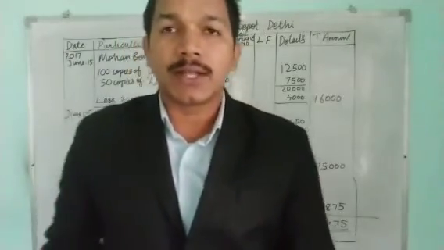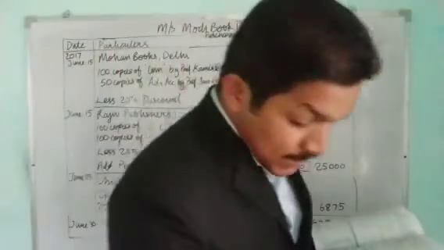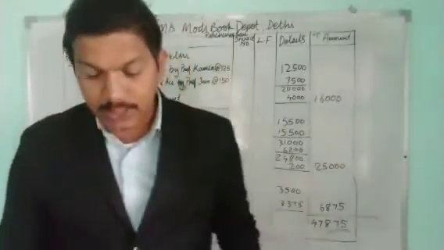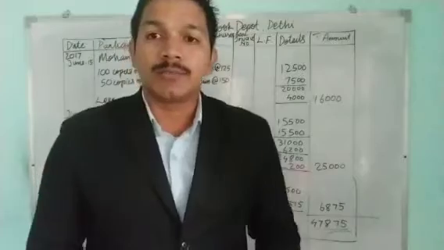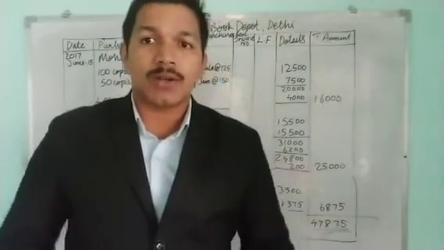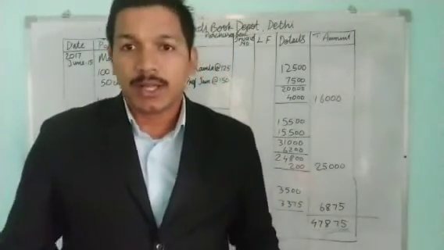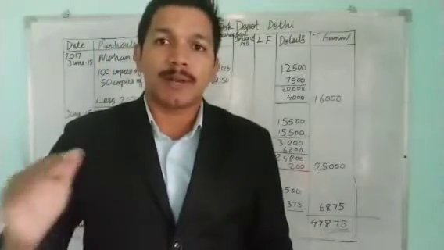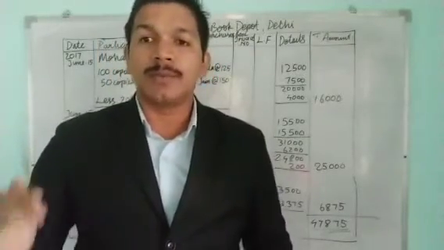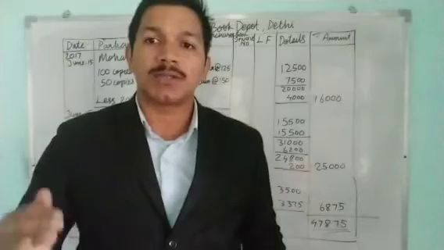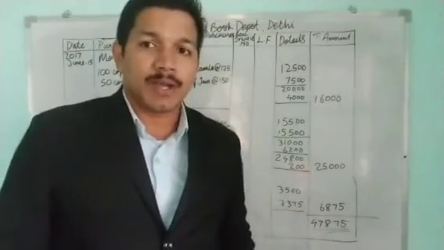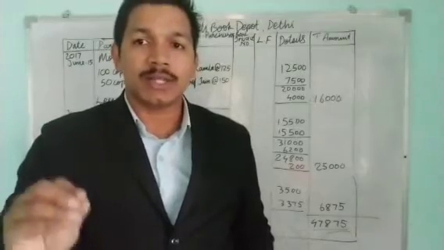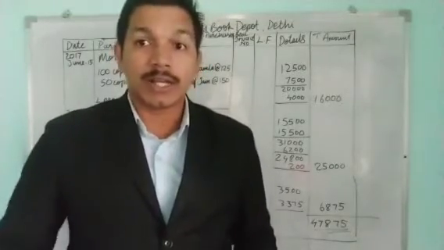So there is a transaction given there, and this transaction is not included in the purchase book. Why? It is because it is purchased for the usage of the company, not for the purpose of reselling. So we will include only things which are purchased for resale. We will not simply include everything that we purchase, but only the things which we purchased for resale.